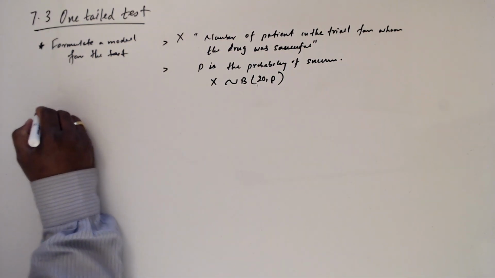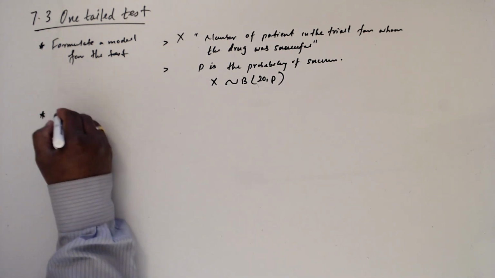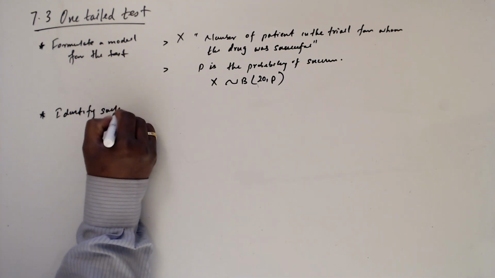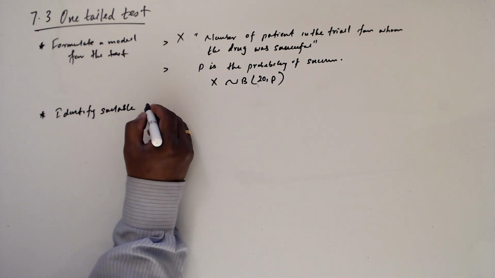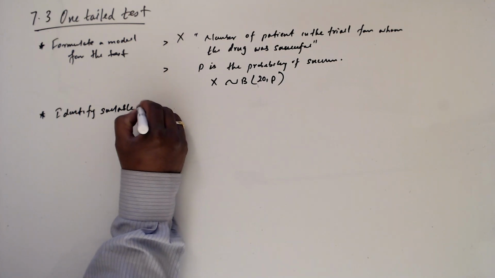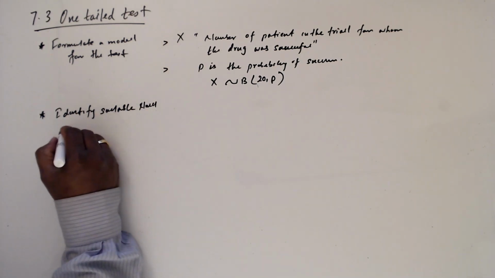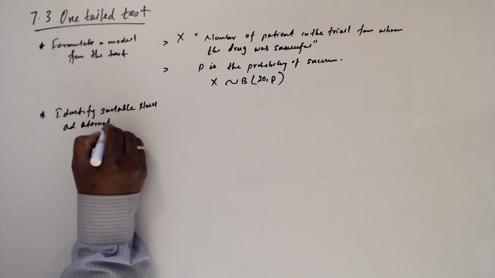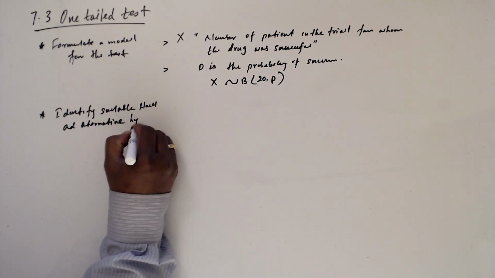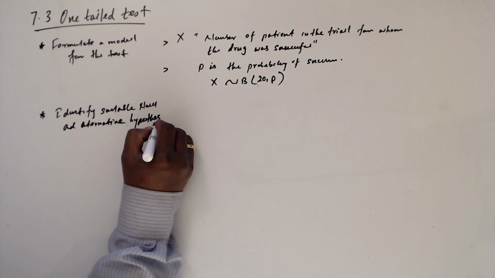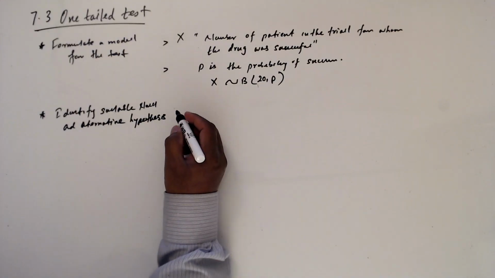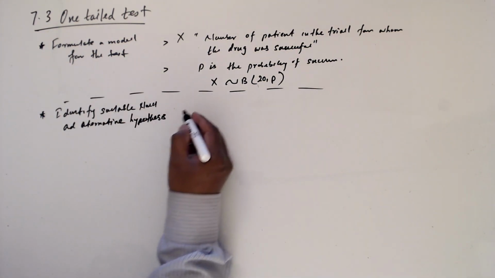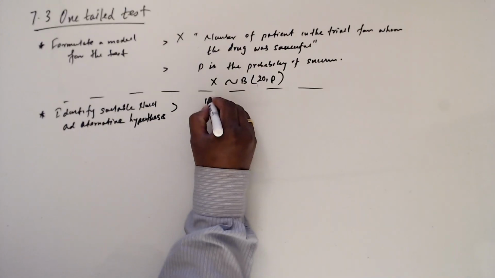Now identify a suitable null and alternative hypothesis. So this is H naught.